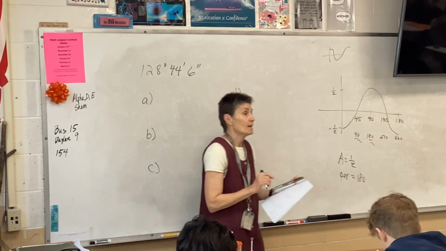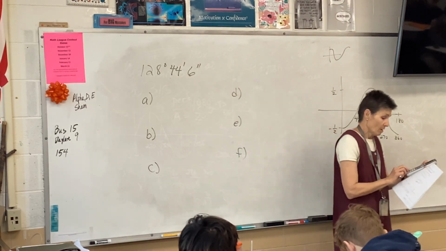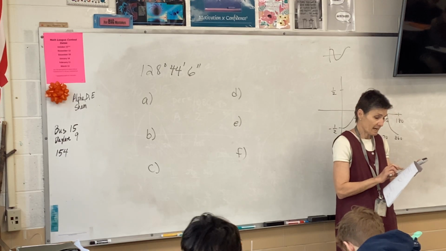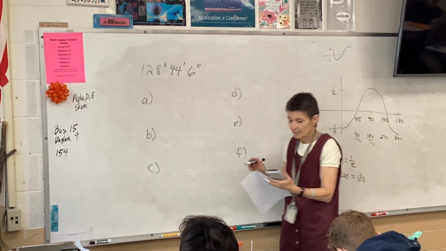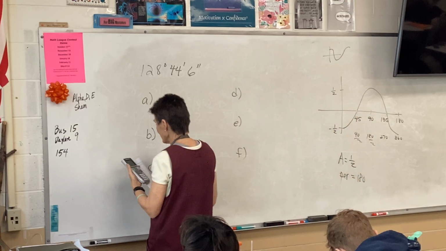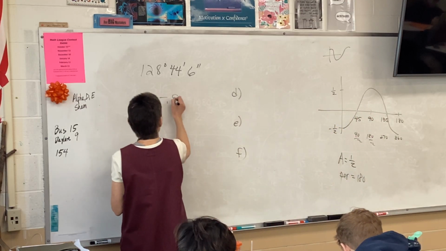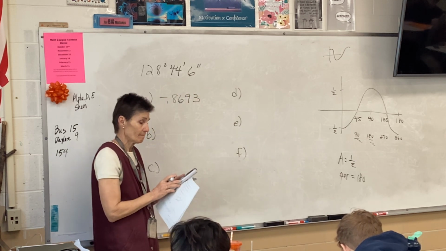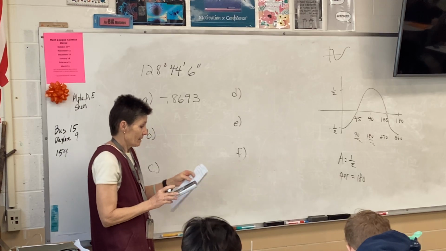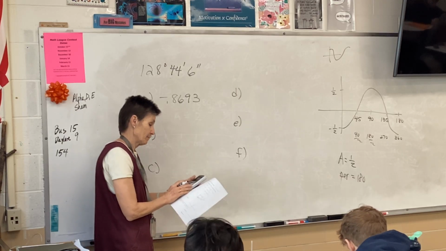Cotangent 311. How do I type in cotangent? 1 divided by tangent 311. Negative 0.8693. D is another degree.